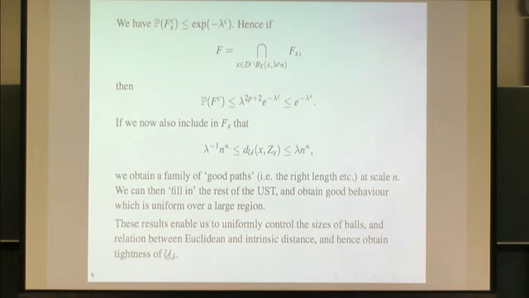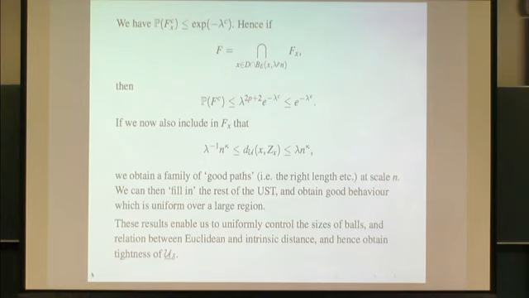So the path from x to Zx is good. The path from yx to Zyx is also good. So what we get is a family of good paths in our uniform spanning tree, which are the right length at scale n.